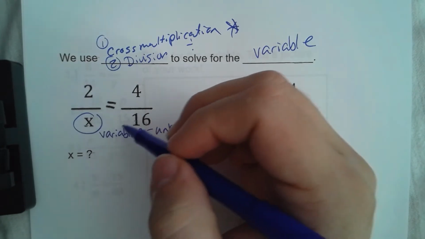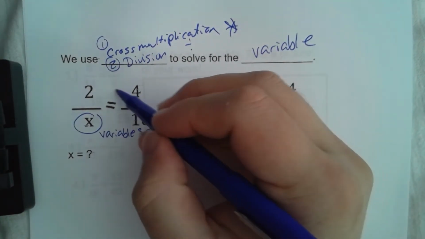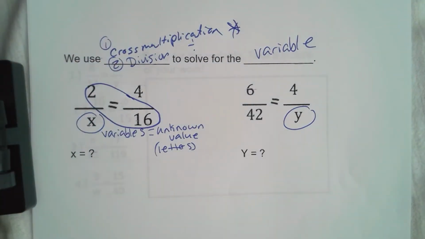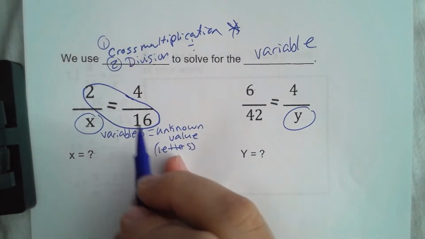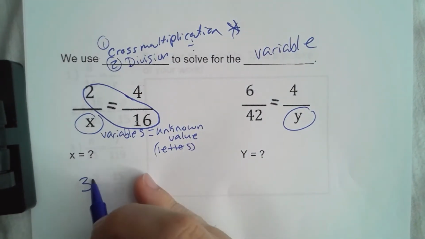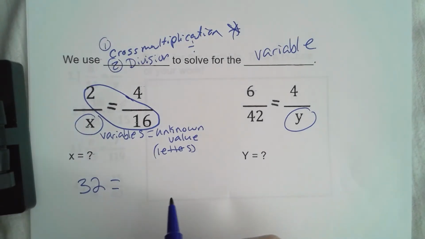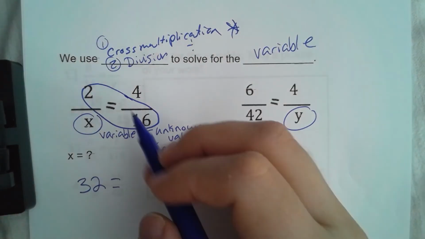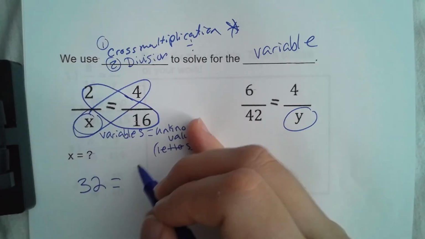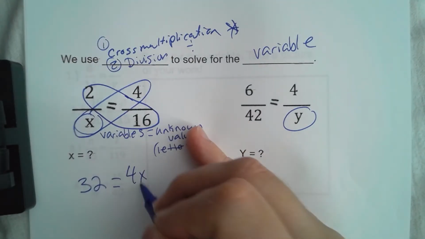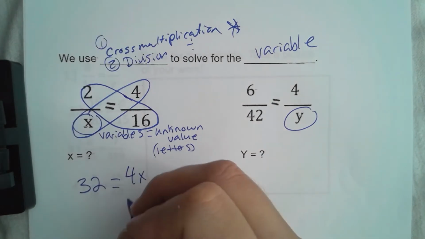Solve for x. The first thing we need to do is cross multiply the two numbers we have. 2 times 16 is 32. And I'm going to write 32 on the left side, and I'm going to write an equal sign over here. You can multiply these two together and get 4x, right?